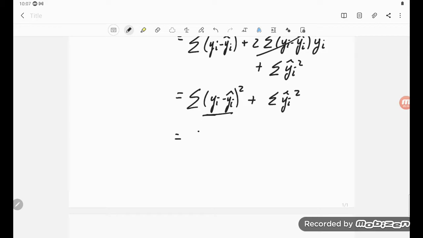So we'll call this the sum of squares residual. And then plus, well, this is what we get from our model. So this is the sum of squares model.